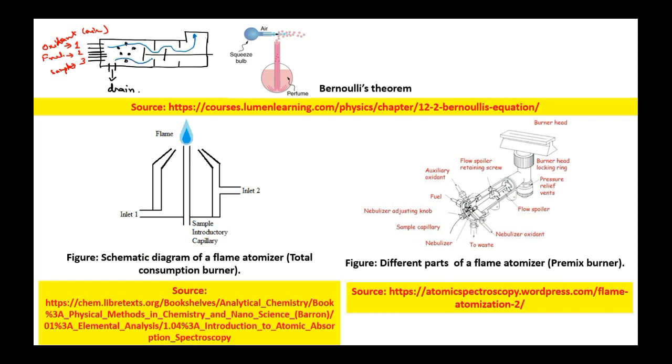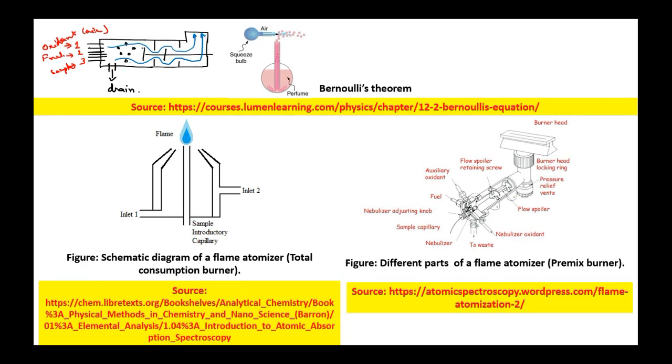So again, from here it will gain entry over here, right? So what is happening over here? It is not following a straight path. The nebulized samples, the droplets which are being formed, are not able to follow a straight path. In fact, there is a zigzag path over here.